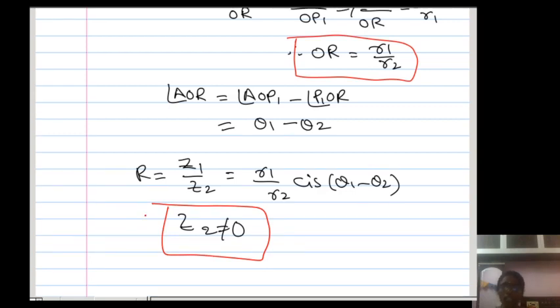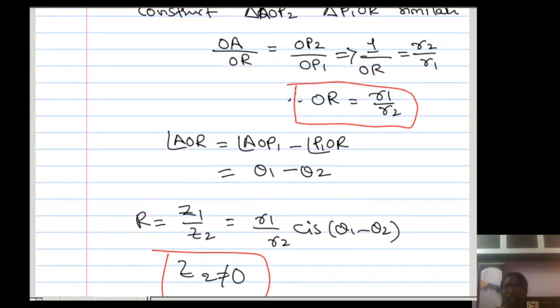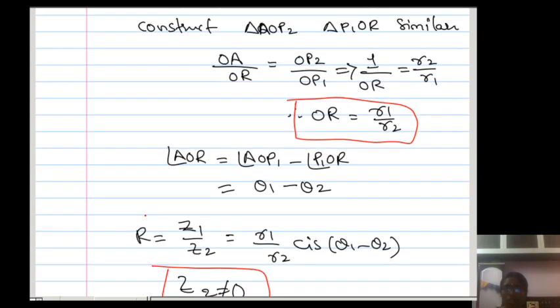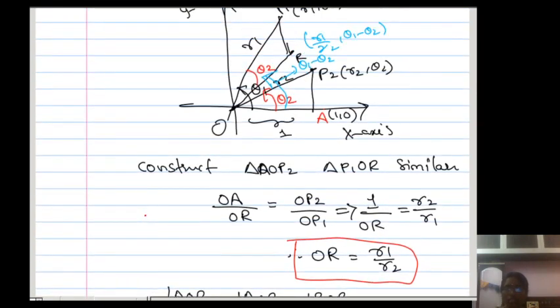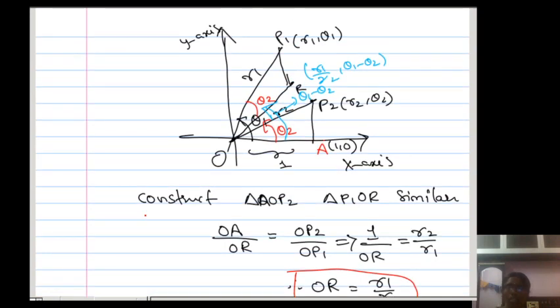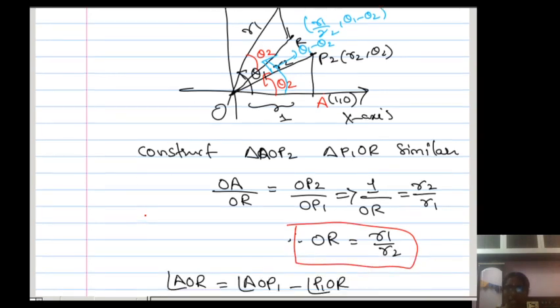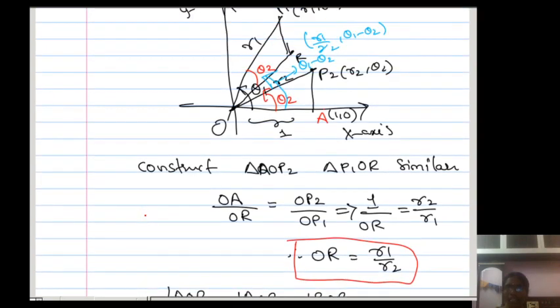This is the geometrical representation and explanation of the addition, subtraction, multiplication and quotient of two complex numbers in the Argand diagram. I am just applying the similar triangle concept: the ratio of the sides is the same, and I take the angles theta 1 and theta 2.